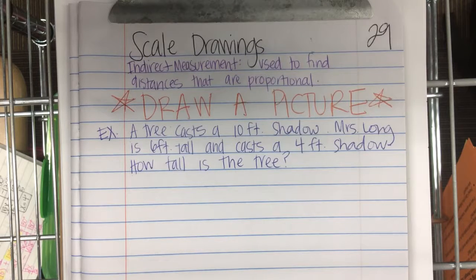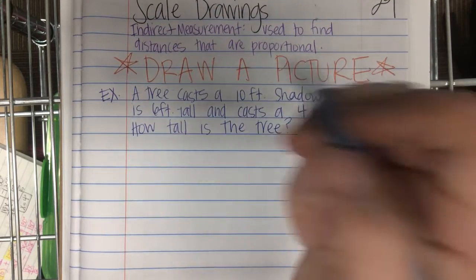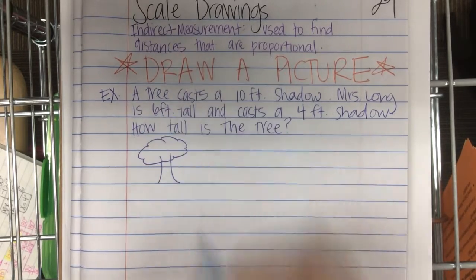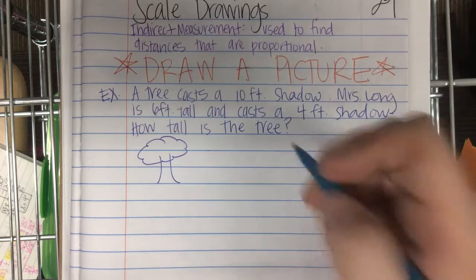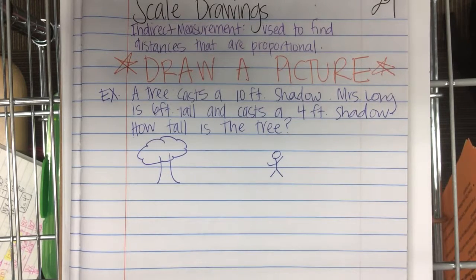What did I tell you to do? Draw a picture. These are my favorite ones because sometimes our pictures are ridiculous. Here's a tree. And here's Mrs. Long. What do I know about my picture?